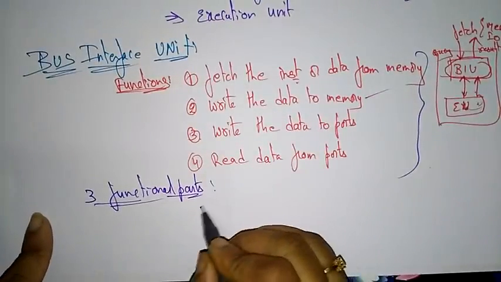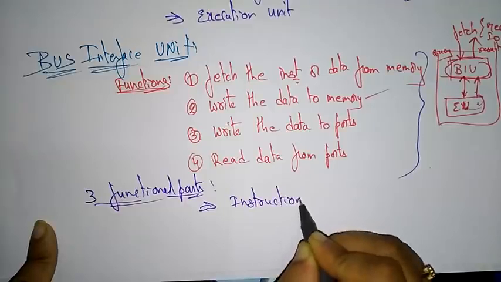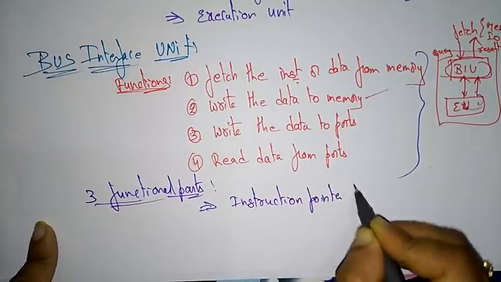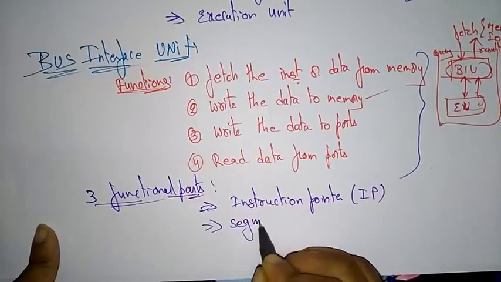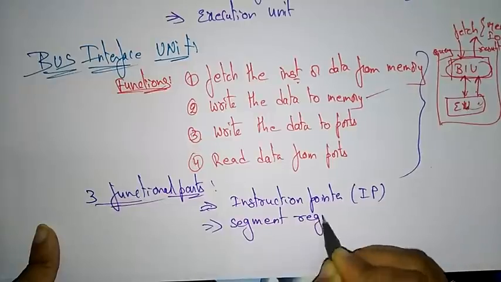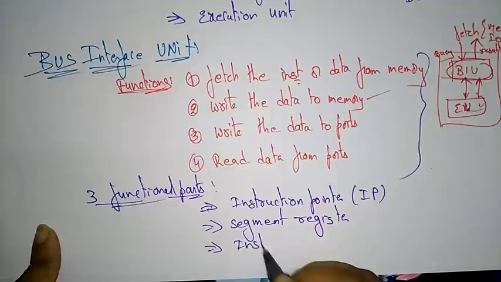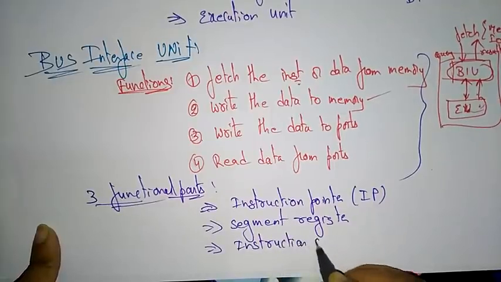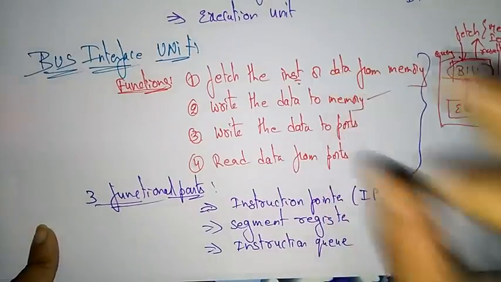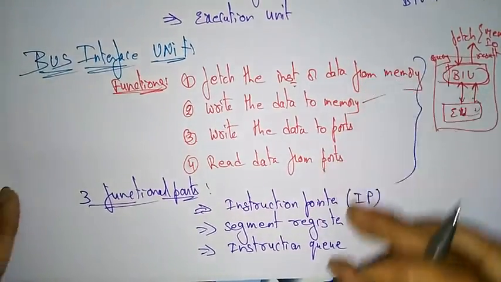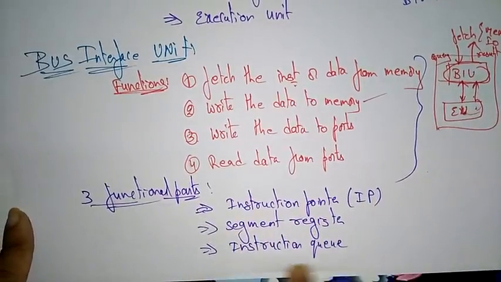Those are the instruction pointer, IP, the segment register, and the instruction queue. So these are the three functional units which perform these operations. The operations are divided among three functional units: instruction pointer, segment register, instruction queue.